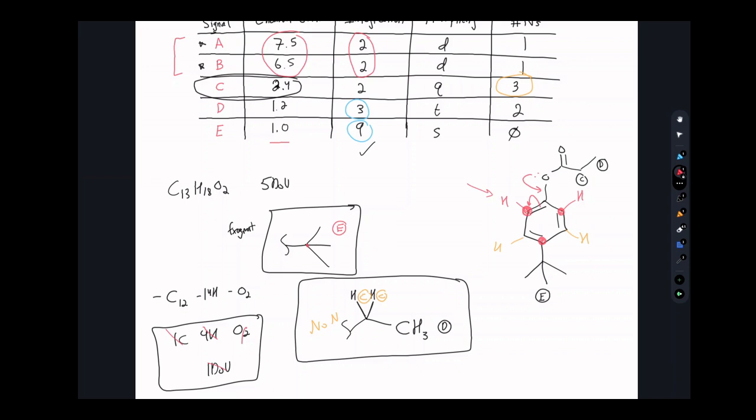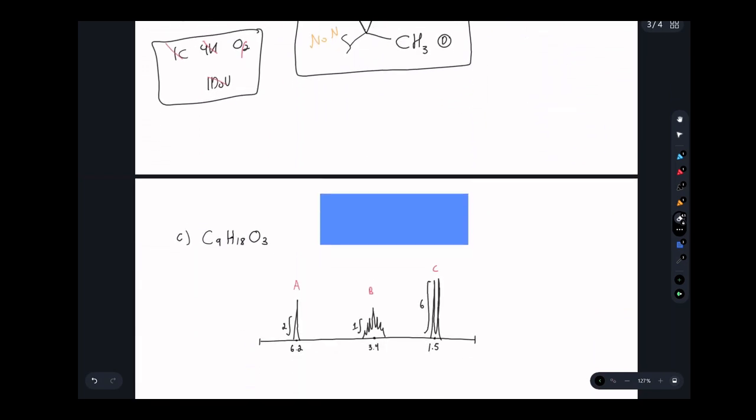But shielding, right, those electrons are going to shield. They're going to lead to a lower ppm. Now, they are closer to the oxygen, but we may actually expect HB, or rather, the orange hydrogens here, to be the more de-shielded signal, despite their distance. Considering that, right, let's move on to our last problem.